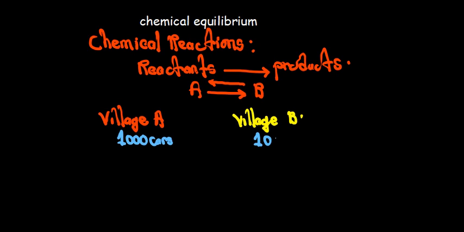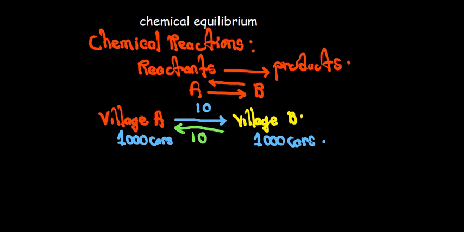Then you're told that the vehicles moving from village A to village B are 10 vehicles, and the vehicles moving from village B to A are 10 vehicles. So village A is losing 10 vehicles, but as it loses them, it is equally getting 10 vehicles.